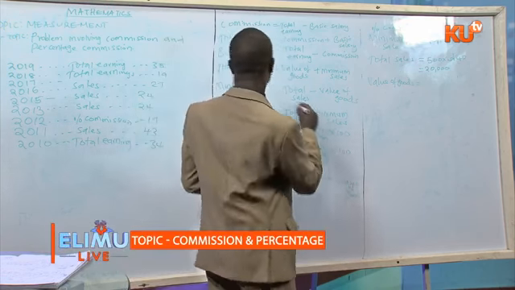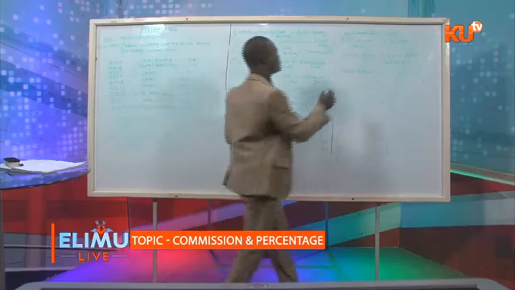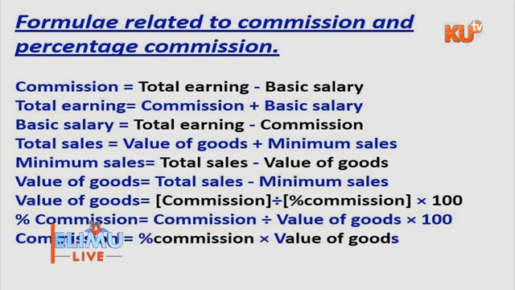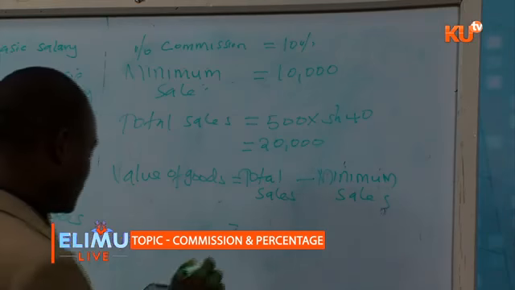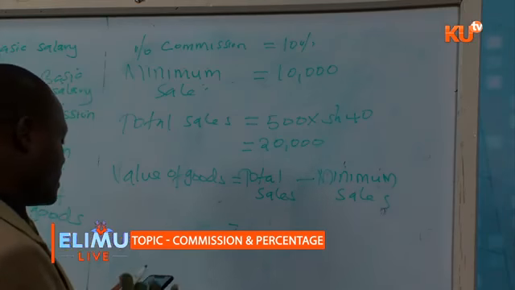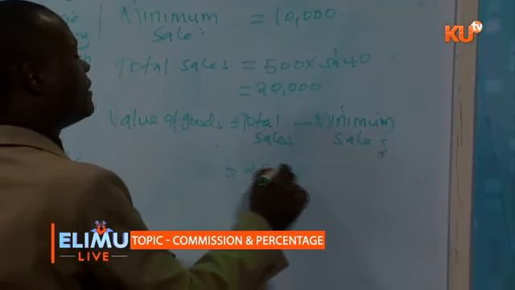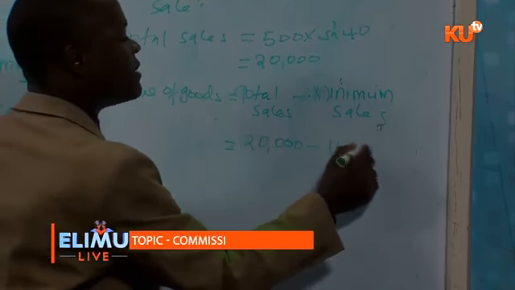So what we do, value of goods equals total sales minus minimum sale. This is the amount of money from which this person is supposed to get commission. So our total sales is 20,000. So you take 20,000 and then you subtract the minimum sale, which is 10,000.